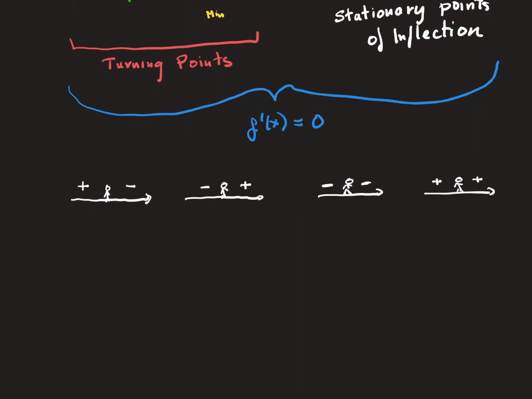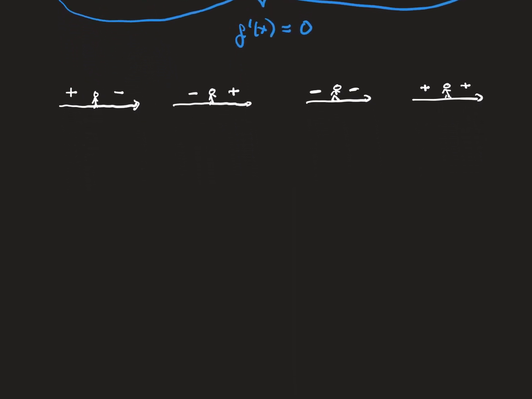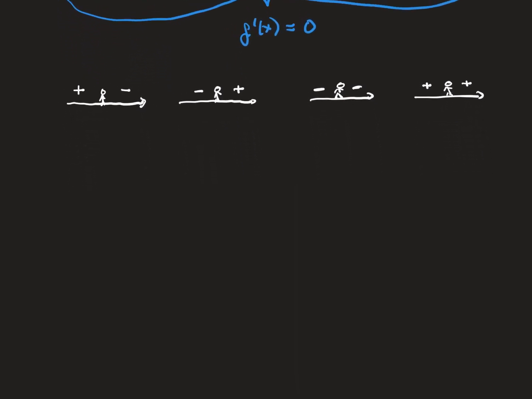There's another type of point of inflection on a curve, but this time we are going to draw it like this. What if I have a function as such, with obviously a maximum and a minimum here?